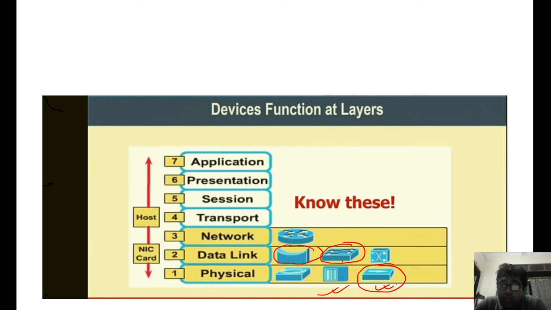Hub will broadcast a signal which has been generated from a specific device to the other devices which are connected in that specific network. To stop that broadcasting as well as the collision, to reduce the collision domain, we introduce the switch, which basically navigates the signal to the specific destination.